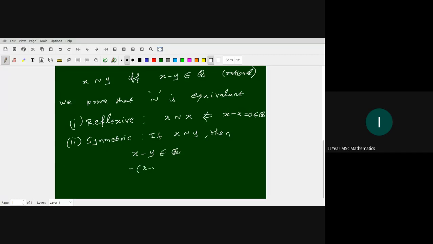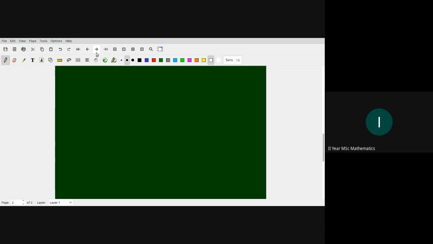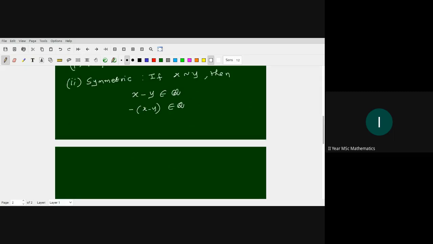If I multiply by minus 1, it is still rational. Taking the minus 1 inside the bracket, we have y minus x rational, which implies y is related to x.